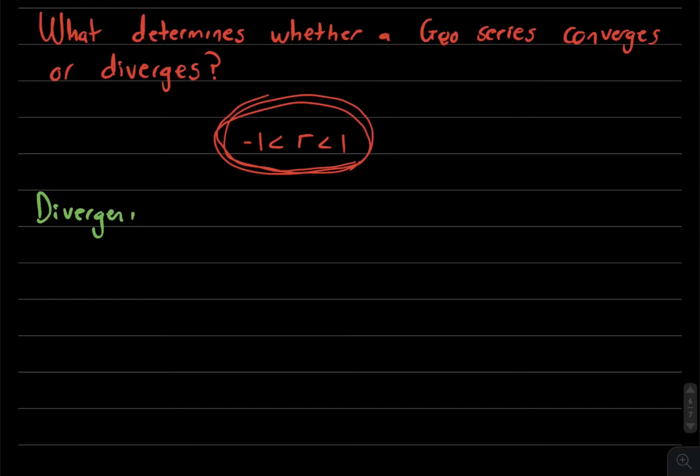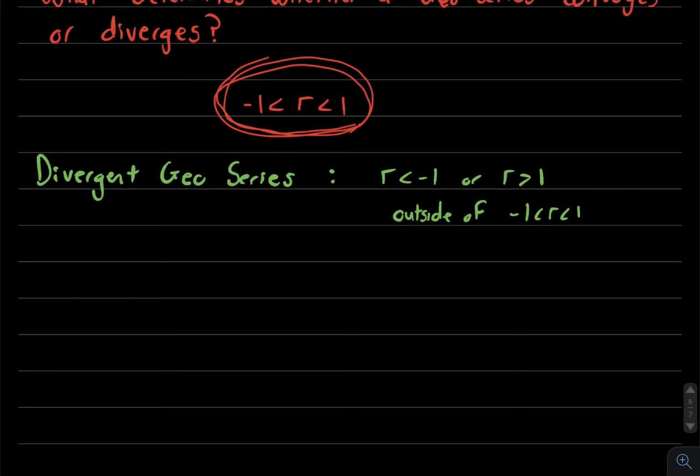For a divergent geometric series, R is less than -1, or R is greater than 1, right? Or we can simply say that it's outside of this interval here, right? So for a convergent geometric series, R must be in this interval here, as we had said.